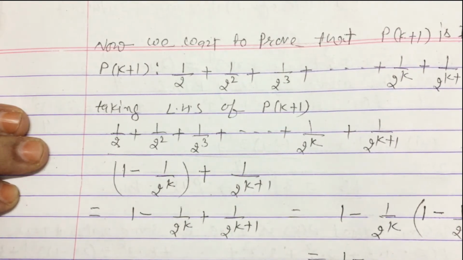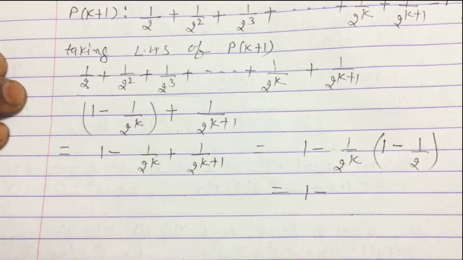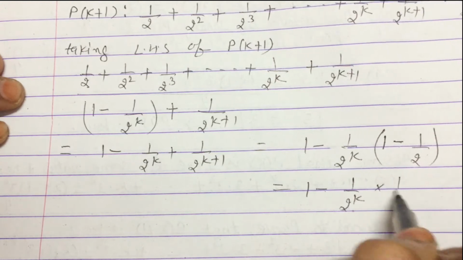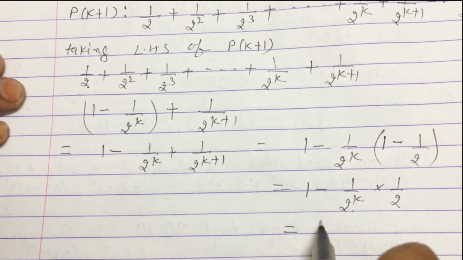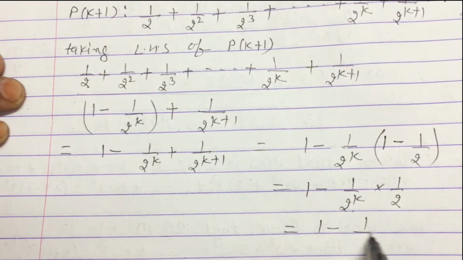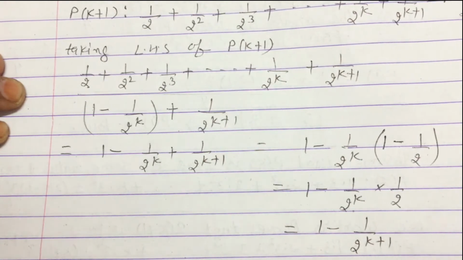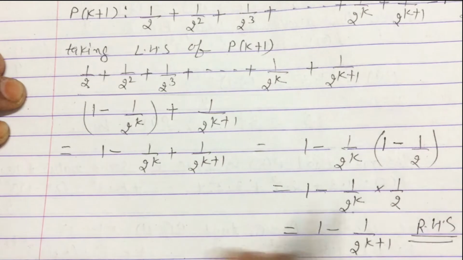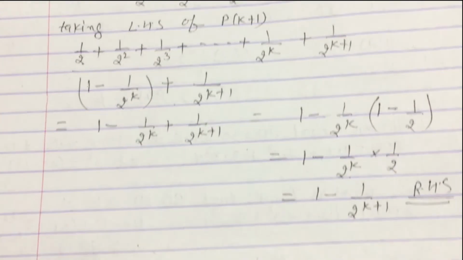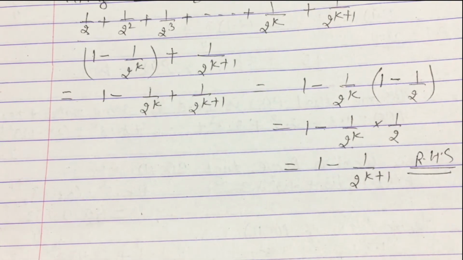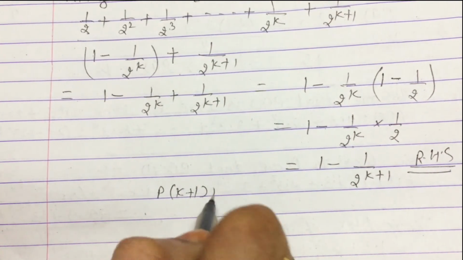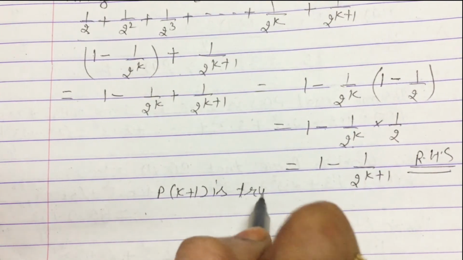So you will get 1 minus 1 by 2 raised k, and from here it is also 1 by 2. So in the next step you will get 1 minus 1 by 2 raised k plus 1. Now see, it is the RHS of Pk plus 1. So at last you have to write that Pk plus 1 is true.